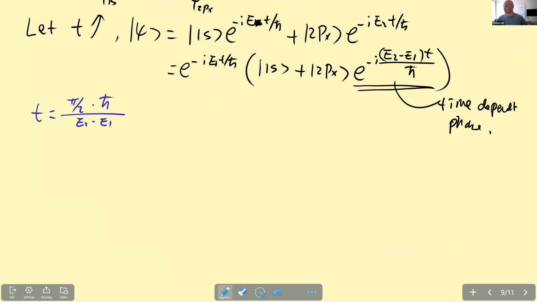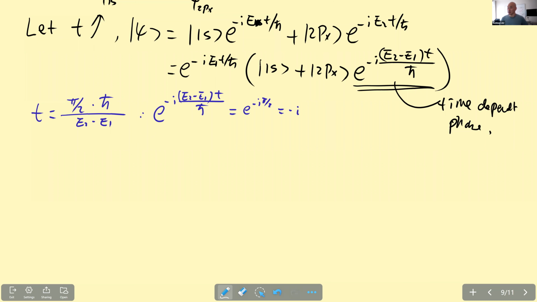So what will this be? So you're going to have e to the minus i (E2 minus E1) t over h bar. This is the phase factor, right? So if we put t as pi over 2 right here, that equals e to the minus i pi over 2, that equals minus i.